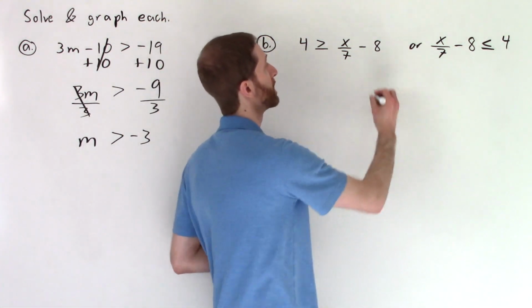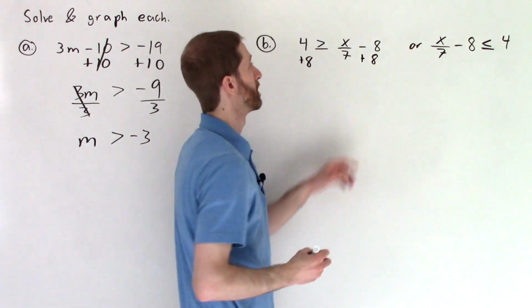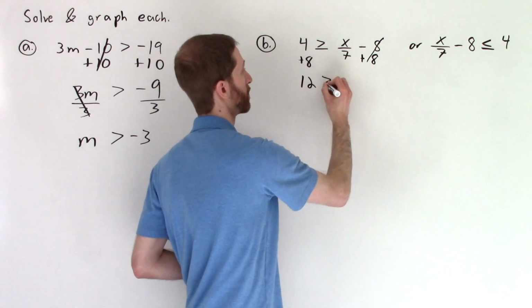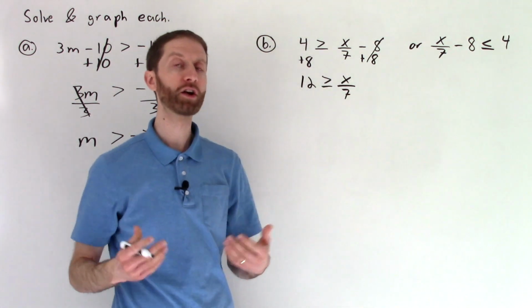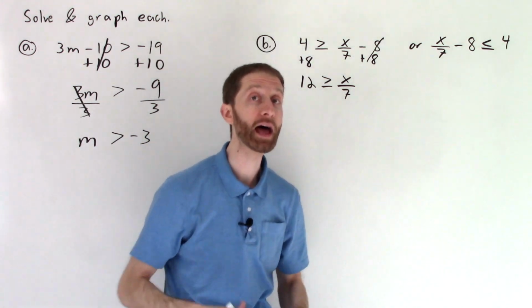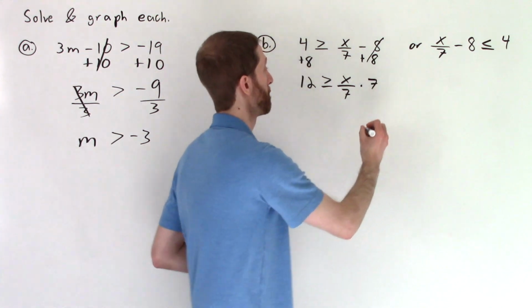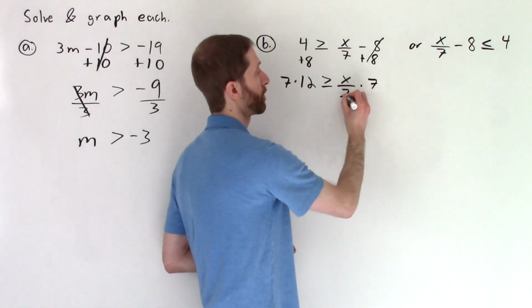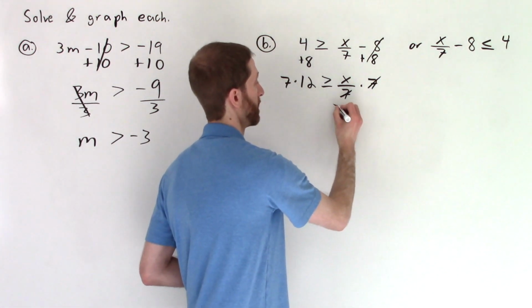So we're going to undo minus 8 by adding 8 to both sides. The minus 8 and the plus 8 cancel. 4 and 8 is 12, is greater than or equal to x over 7. And then we notice here that we have a variable divided by 7. To undo that, I multiply both sides by 7. Sure enough, we've undone that division, and we're left with x on the right-hand side.